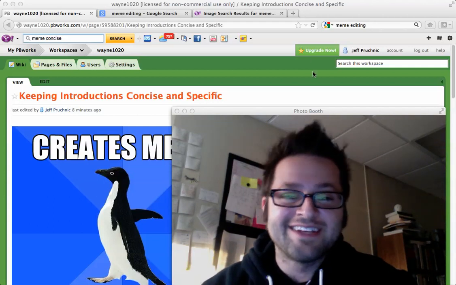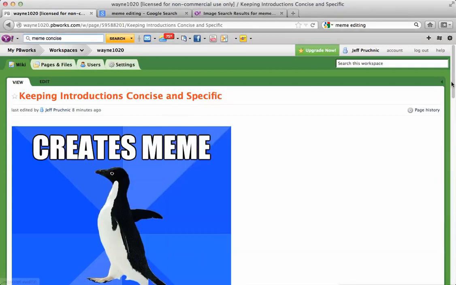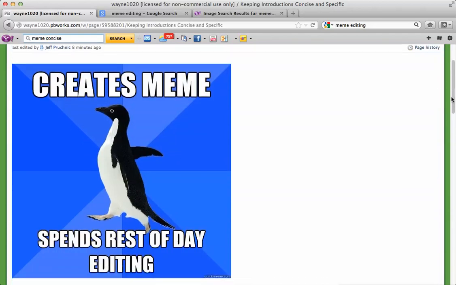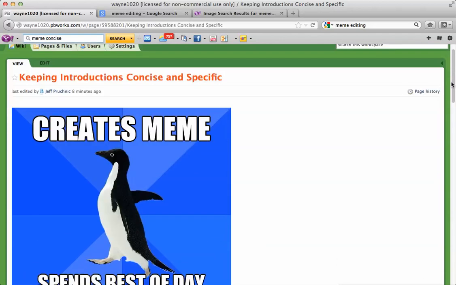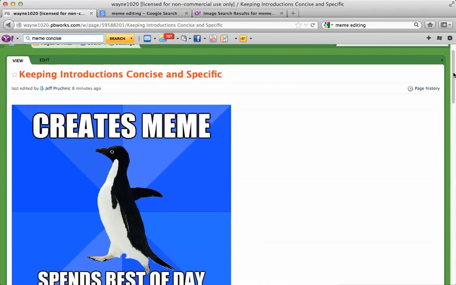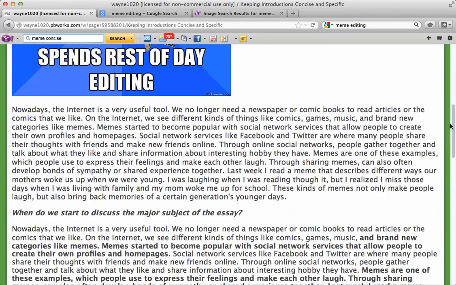Ready? All right, so follow along with me to a page I put up under the notes for week 6, with the clever title, Keeping Introductions Concise and Specific. What I did here is I took a bit of an introduction from one of your rough drafts, although I rewrote it a little bit to make it a better example.